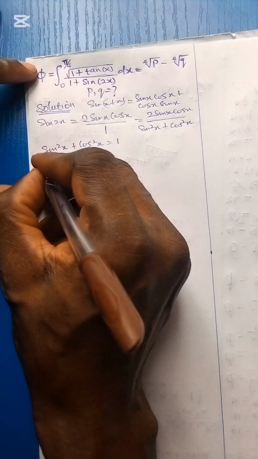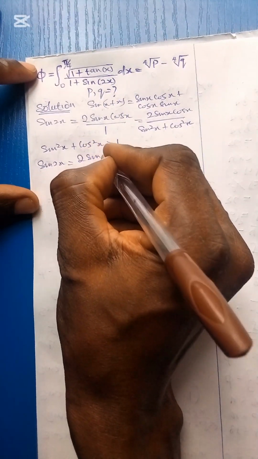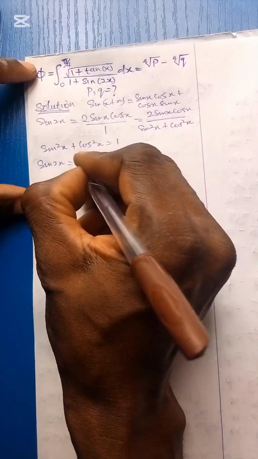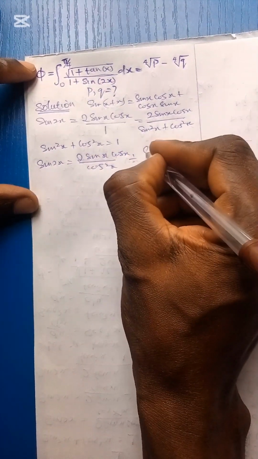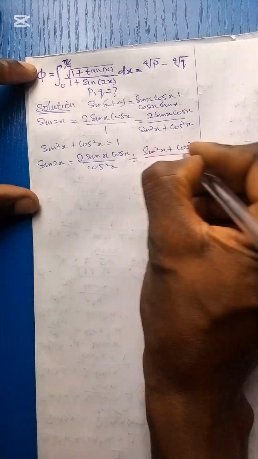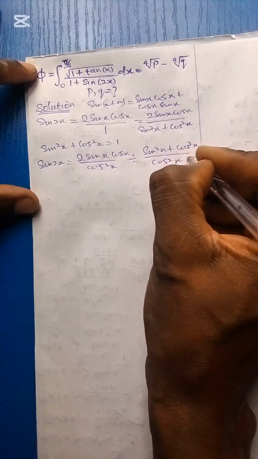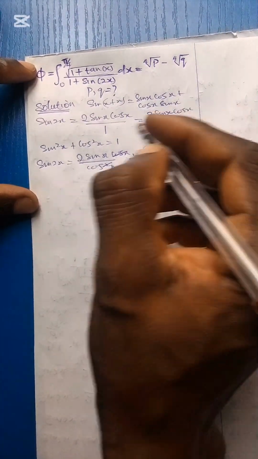x. So sine 2x is equal to 2 sine x cos x all over cos squared x divided by sine squared x plus cos squared x all over cos squared x, where this will cancel one of these, and then I need to turn this single fraction into two fractions.